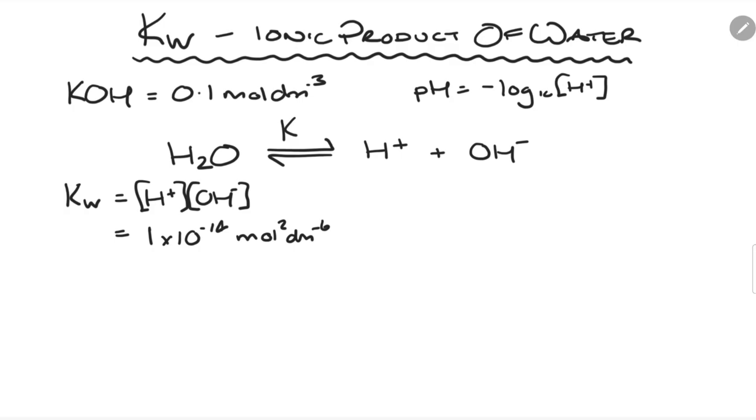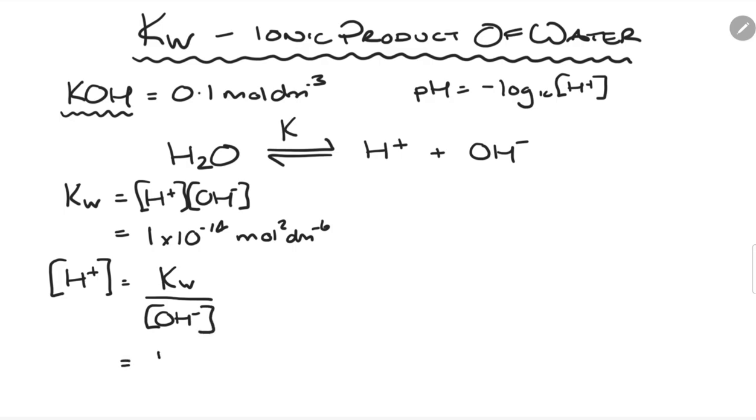Now, in this situation, what we can now do, if we were thinking about our potassium hydroxide solution at the start of this clip, we can establish that the H plus ion concentration, by simple rearrangement of the equation, is equal to Kw divided by the OH minus ion concentration.